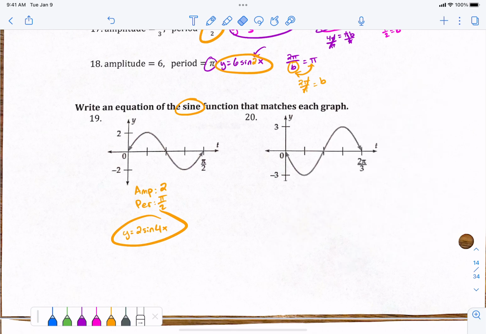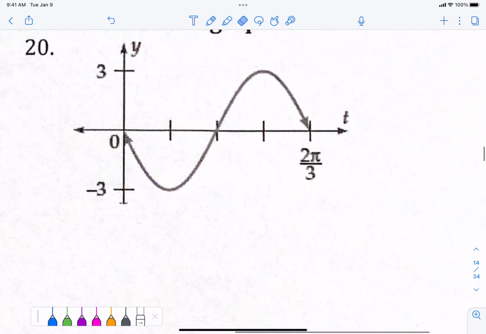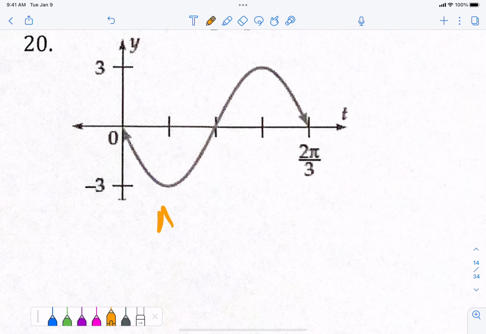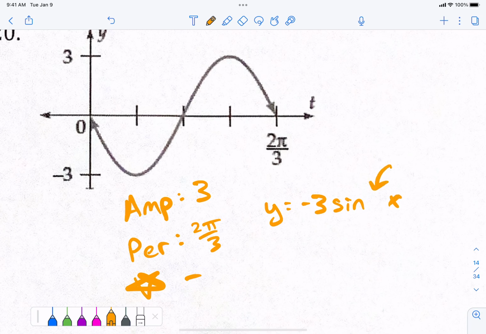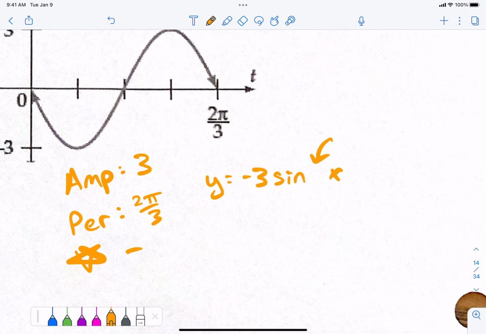All right, let's do this other one. This one is maybe a little trickier. This one is amplitude, period, but also he needs a negative, right? Because it's going down first, okay? Amplitude is 3, period is 2 pi over 3. So we have y equals -3 sine. I have to figure out what this number is in front of the x, right?